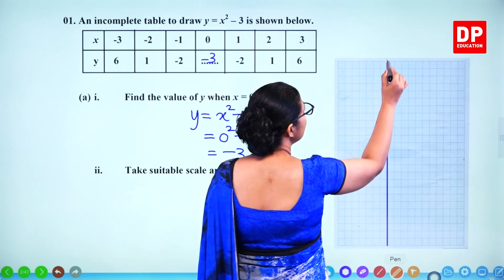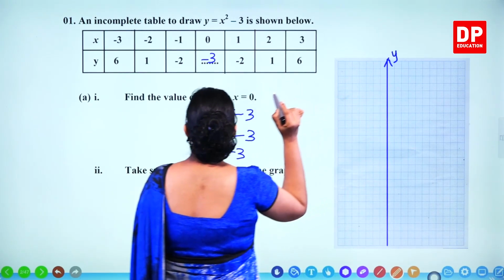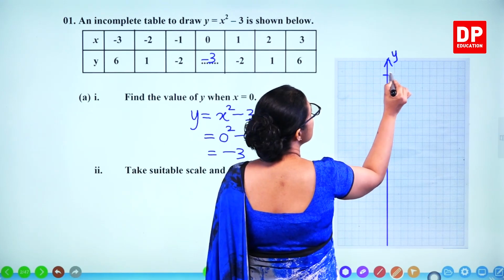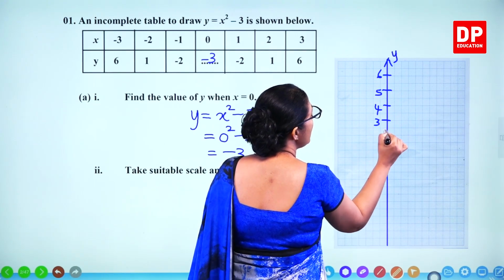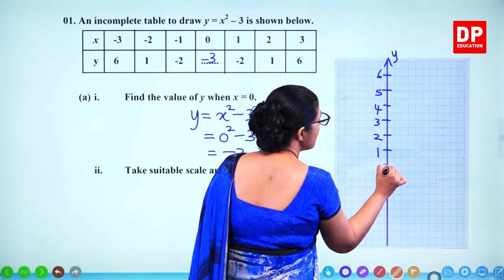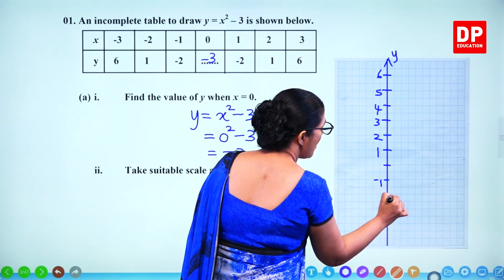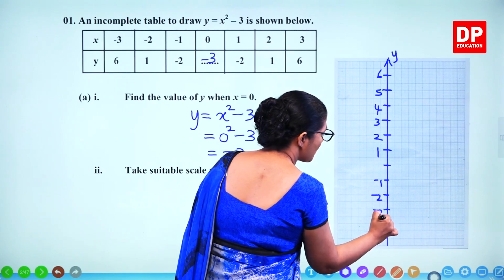And then scale it starting from plus 6, 6, 5, 4, 3, 2, 1, 0, minus 1, minus 2, minus 3.